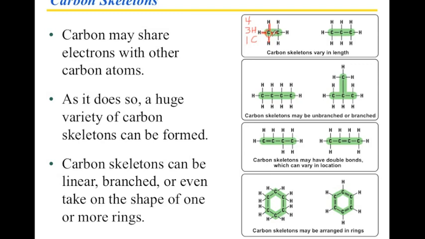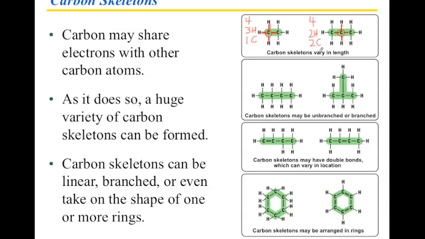Now let's take a look at this one. This carbon here also has 4 covalent bonds, but in this case, it has 2 with hydrogen and 2 with carbon. So what we can say here, it has its own 4, and then it has 2 with the hydrogens and 2 with the carbons.